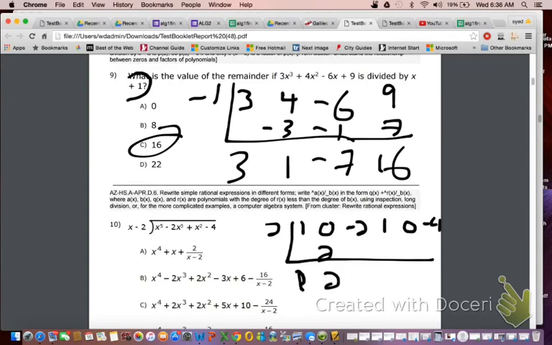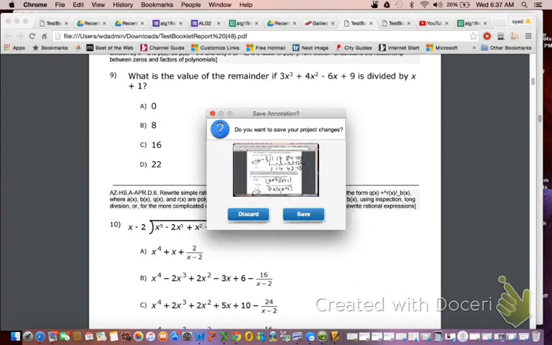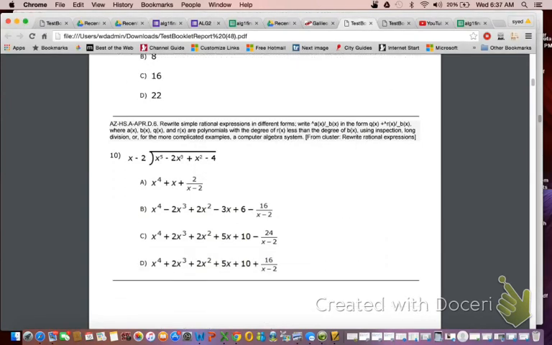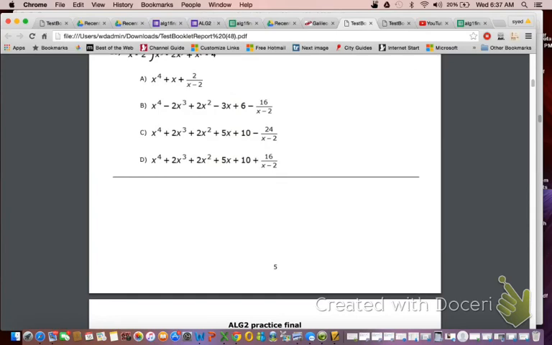Then we get 2, 4. So I get 16 at the end. My remainder has to be 16. So only one choice has that as an option, I believe. So it has to be D. Okay? It has to be choice D.